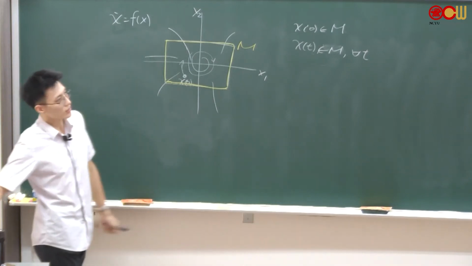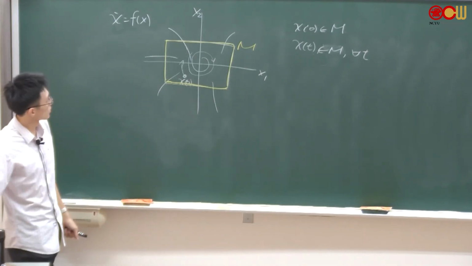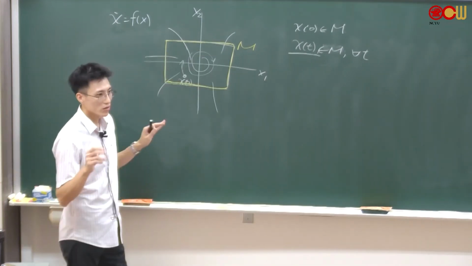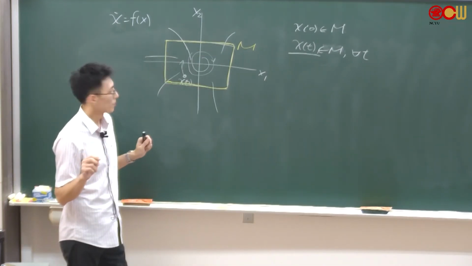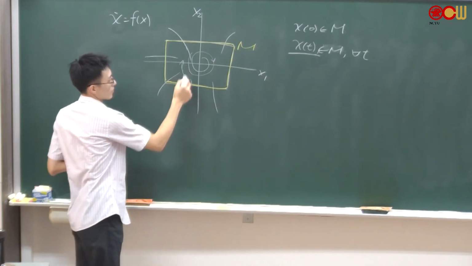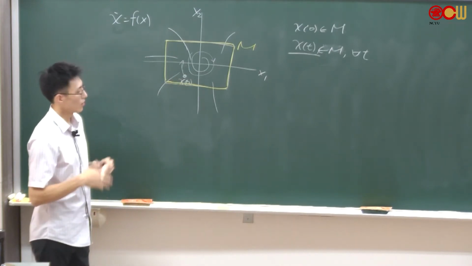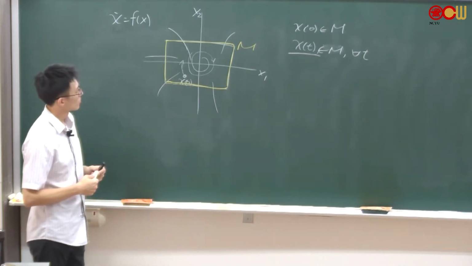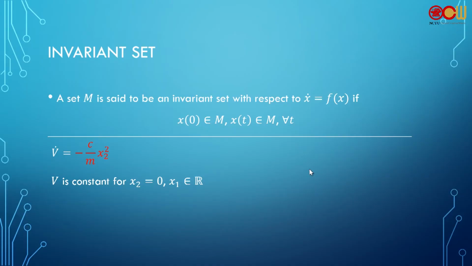How do you guarantee this? We don't know the solution, right? We don't know how we guarantee that there exists an M that x0 never leaves if it is initially inside M. So go back to the previous slides.